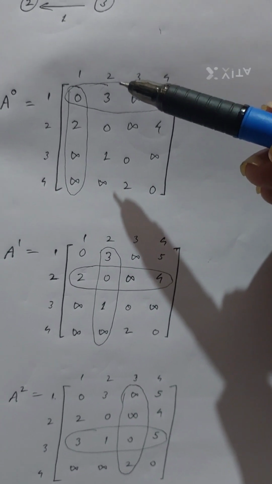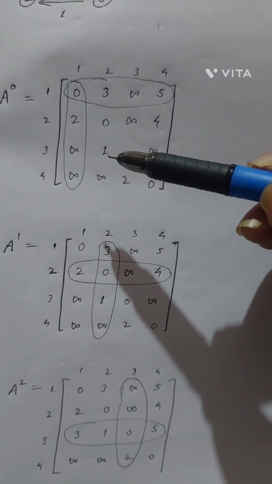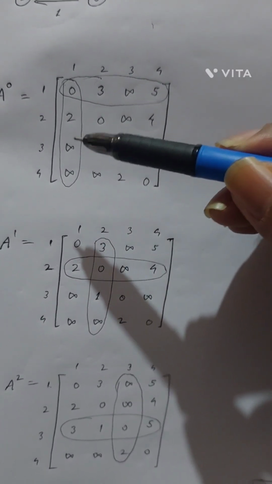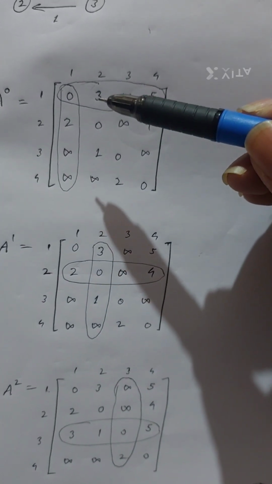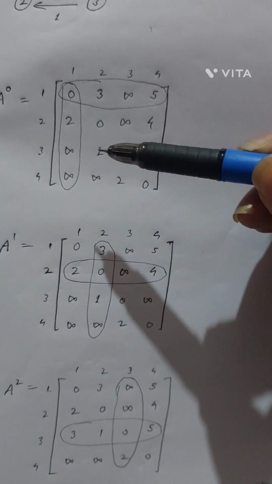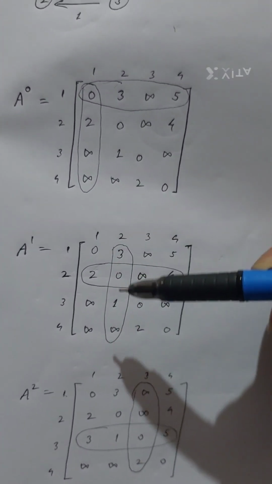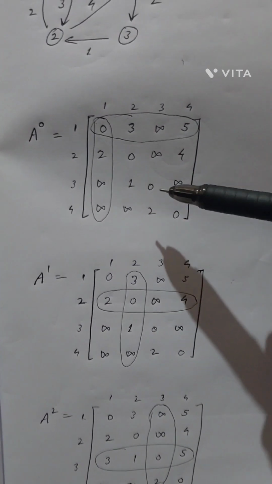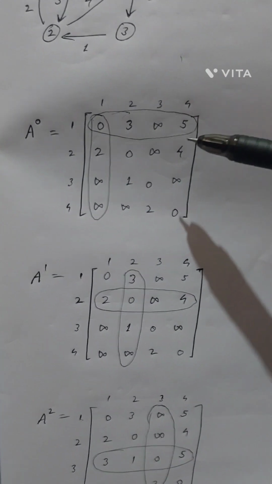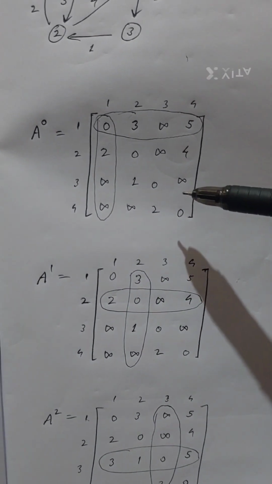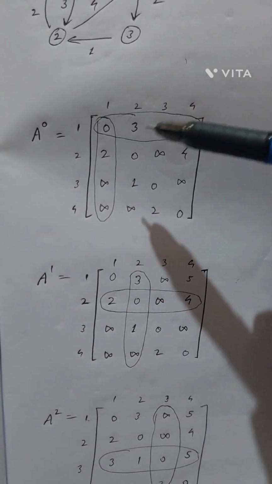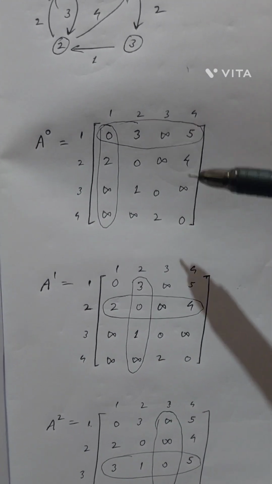So we take the minimum of 1 and the sum of infinity and 3, which is infinity. So the minimum of 1 and infinity is 1. So we write 1 here. Let's look at 3, 4. So we take the minimum of infinity and the sum of infinity and 5, which is infinity. So we write infinity here.